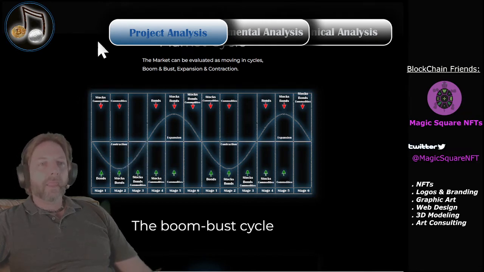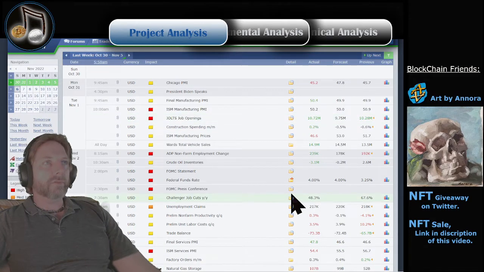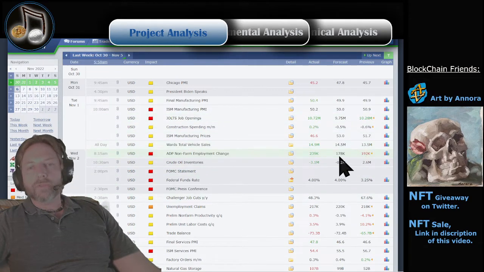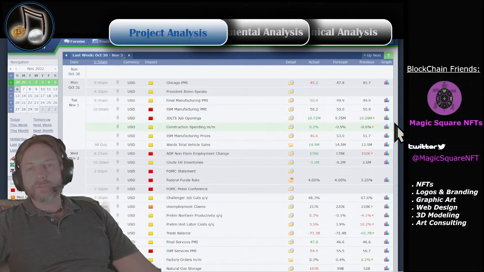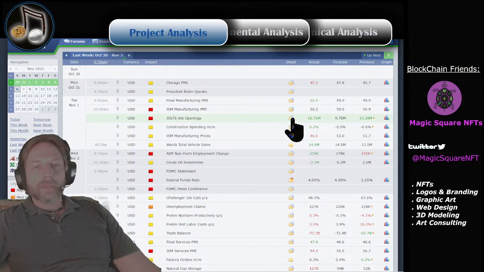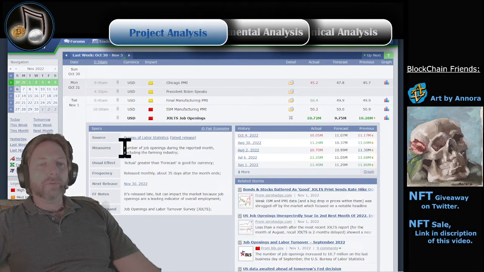If we go over to Forex Factory, which is a calendar I use to keep up to date with the economic reports coming out, you'll see we have JOLTS job openings here. We can click on this little file icon, and you'll see that the JOLTS jobs report is the number of job openings during a reported month, excluding the farming industry.